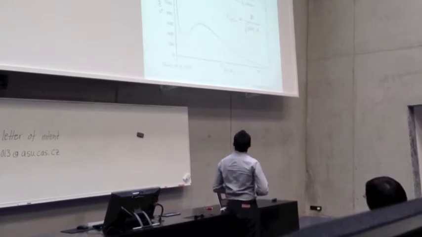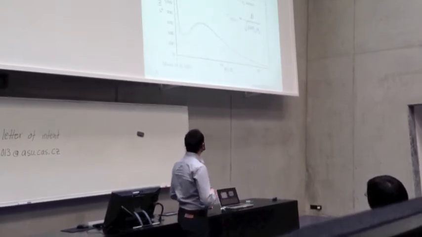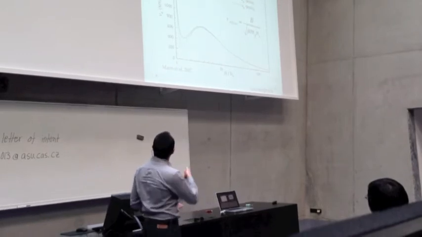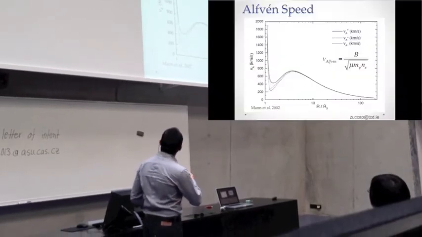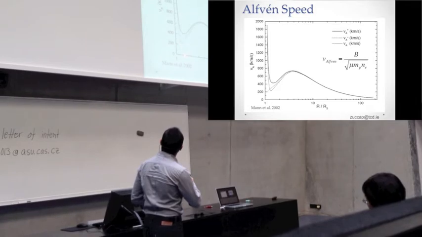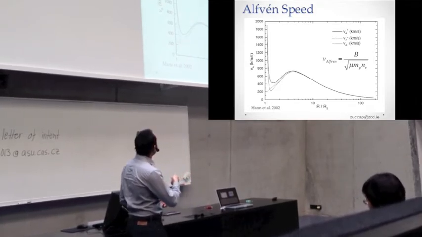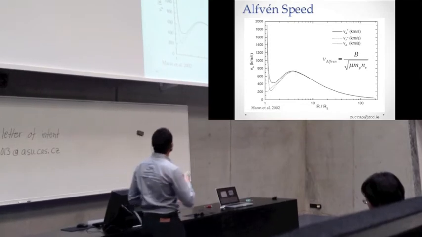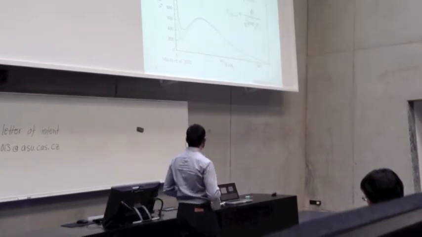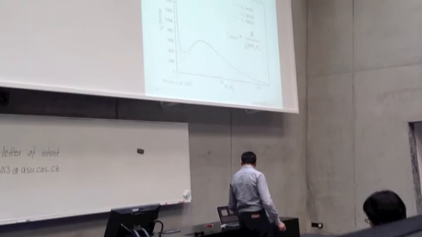In terms of the Alfvén speed, this is one of the models, from 2002. You can see that there is a local minimum at about 1.4 to 1.5 solar radii, and this is where most likely the type 2 emission is happening because of this minimum. There are also some 2D models.